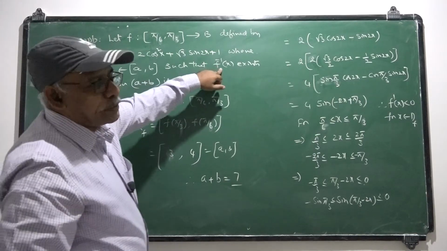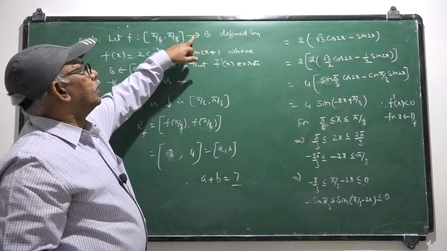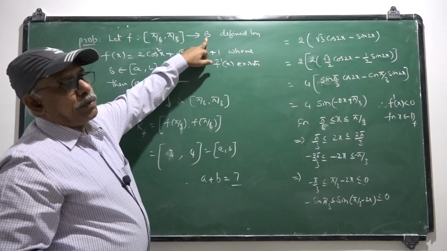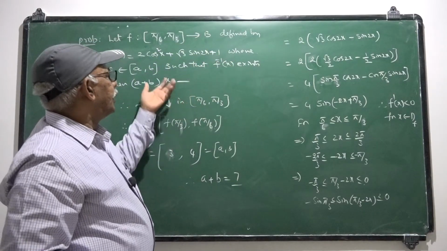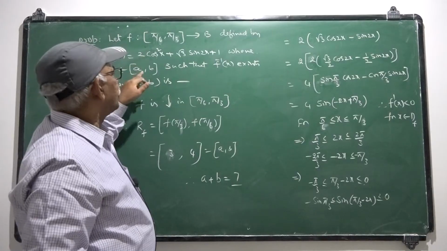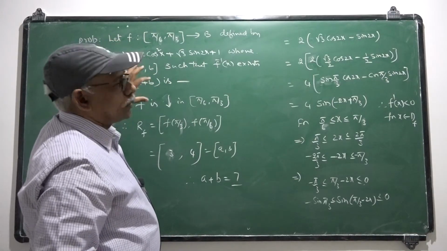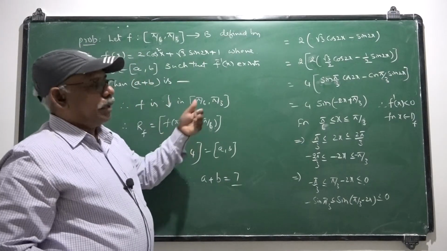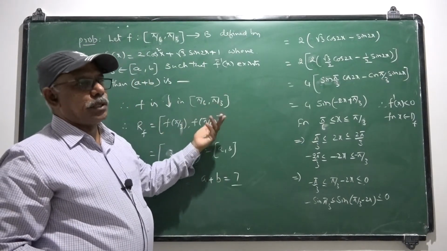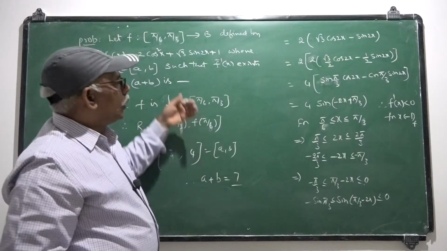Once f inverse exists, the codomain must be equal to the range. So it is sufficient to find the range of the function to get a, b. To get the range of the function, observe whether the given function is either monotonically increasing or decreasing.